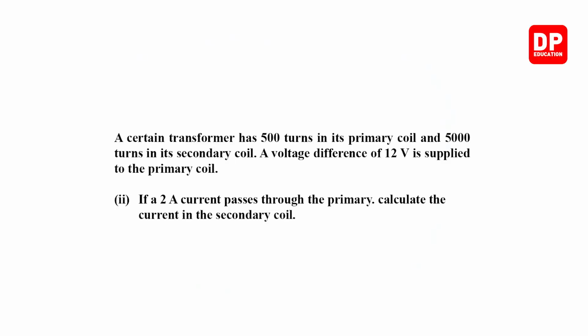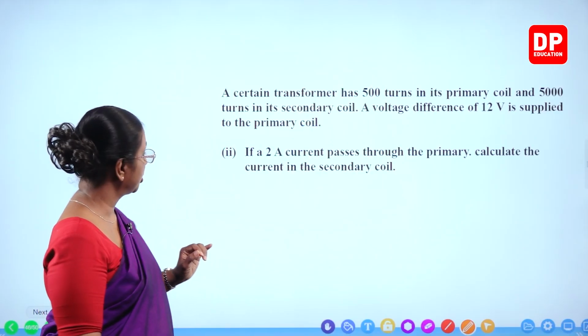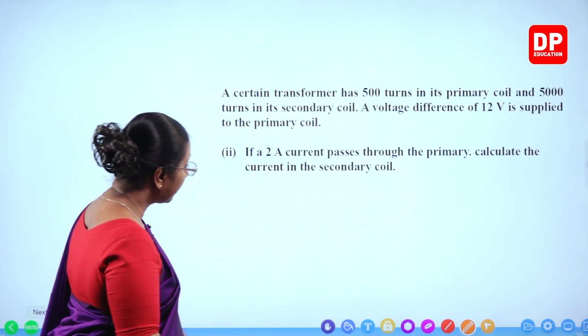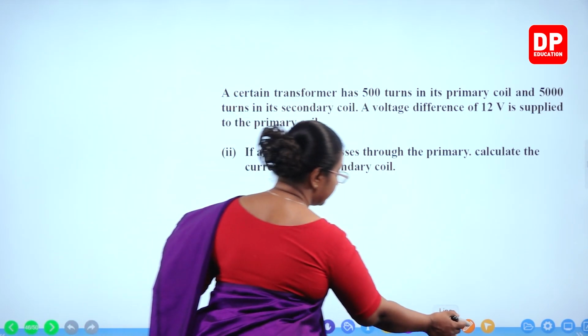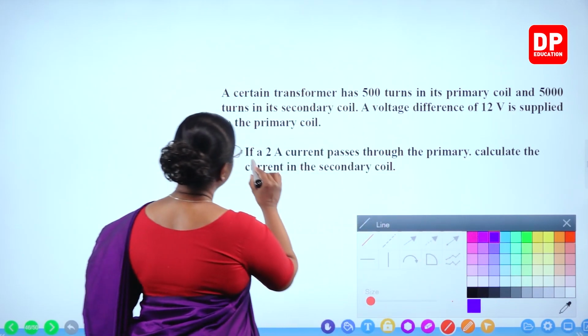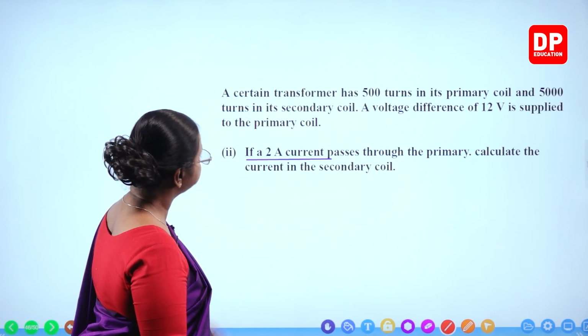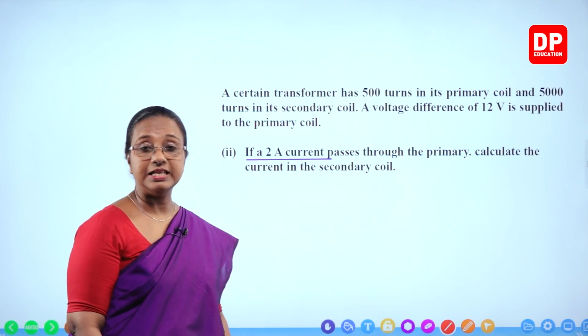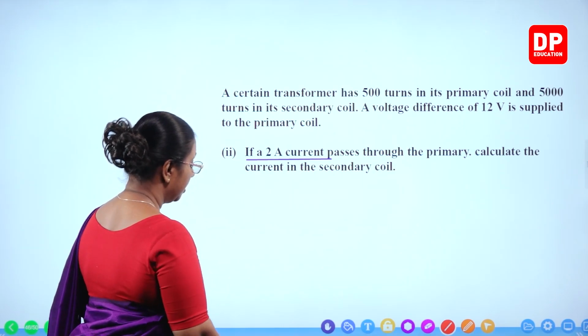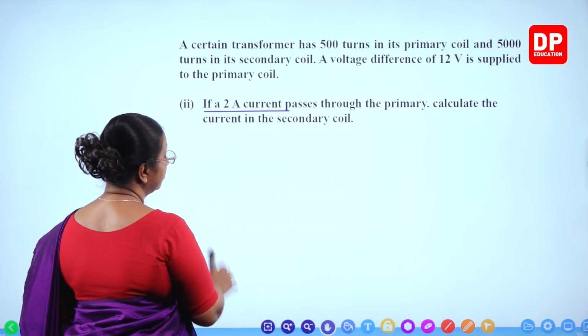A certain transformer has 500 turns in its primary coil and 5000 turns in its secondary coil. A voltage difference of 12 volts is supplied to the primary coil. That is the same question. The second part: if a 2 ampere current passes through the primary coil, calculate the current in the secondary coil. For this, what do we need to do?